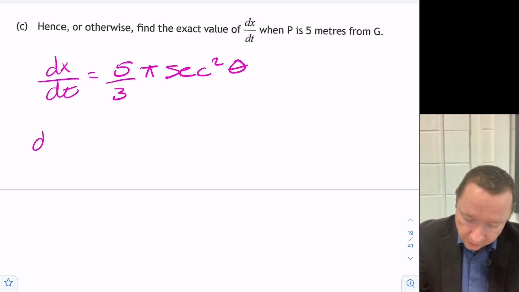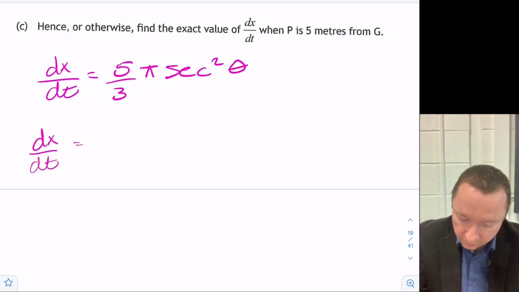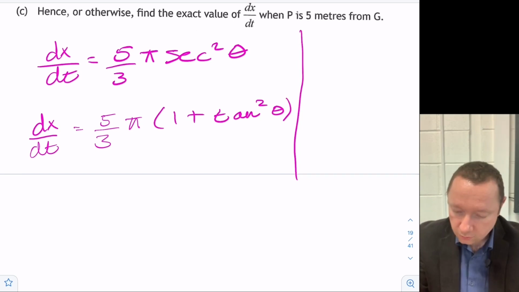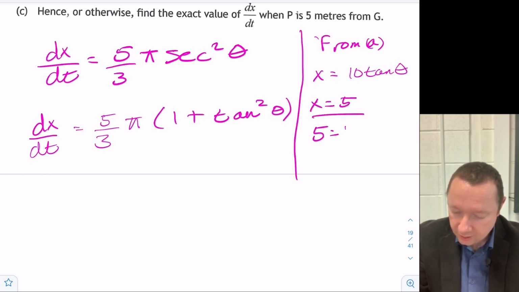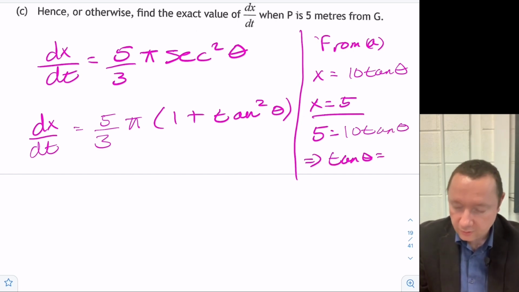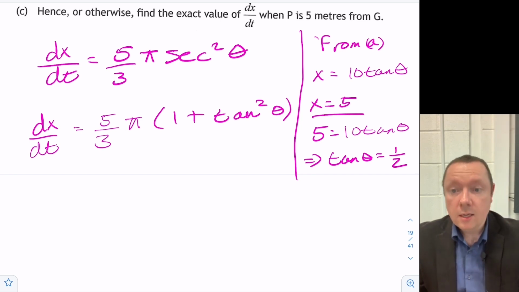So dx by dt is 5 over 3 pi times 1 plus tan squared theta. So from A, x is 10 tan theta. So when x equals 5, we get 5 equals 10 tan theta, which implies that tan theta equals a half, or 5 over 10. So we can substitute a half in for tan theta.